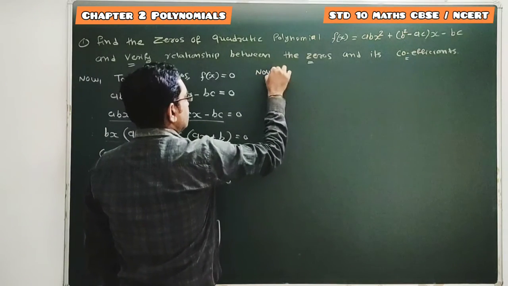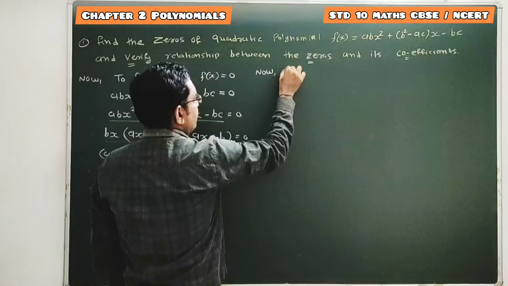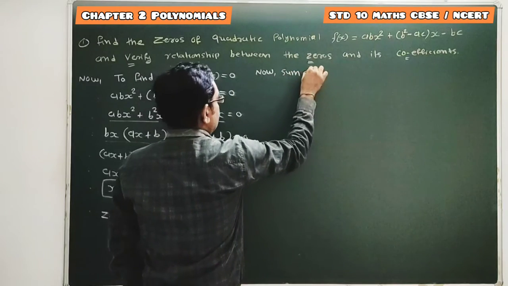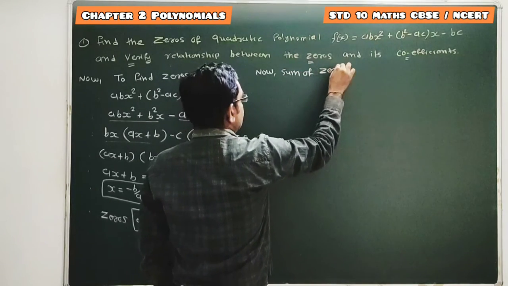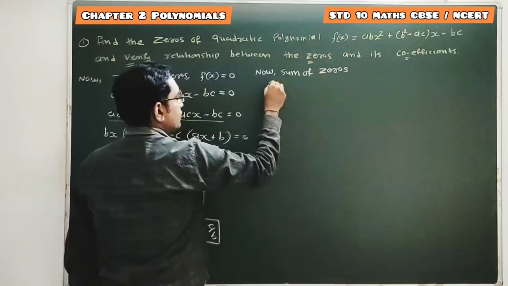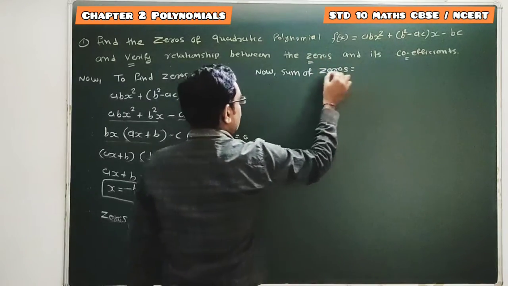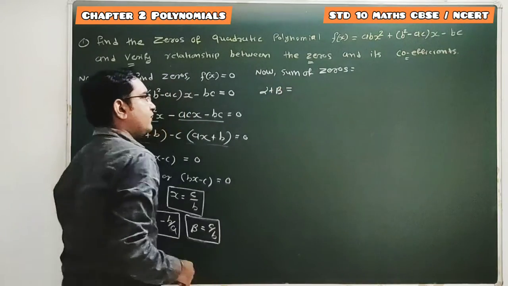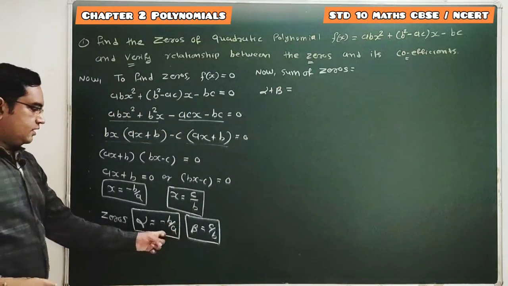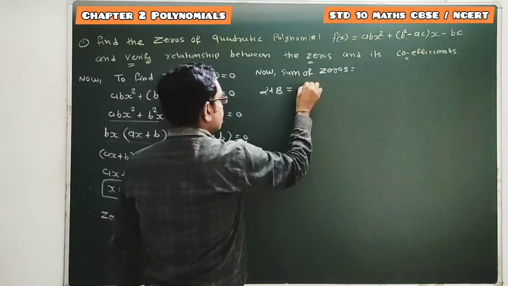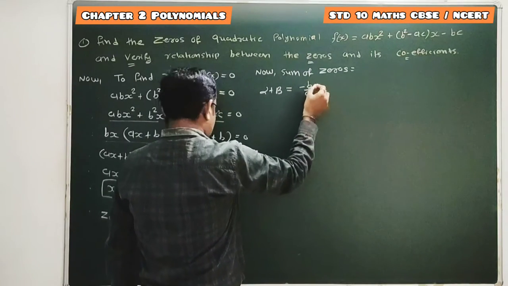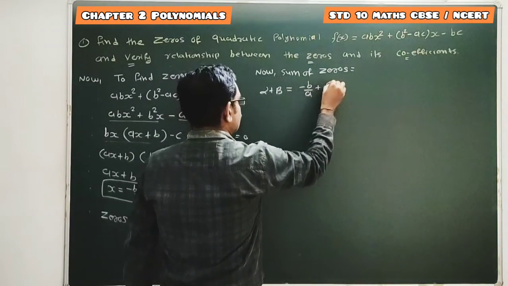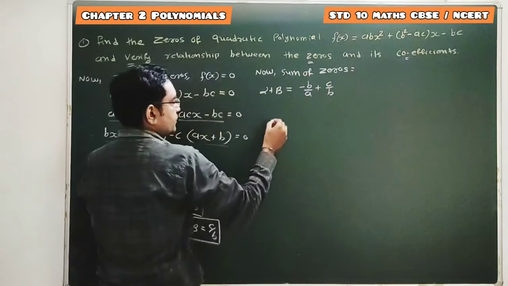So let's try to find the sum of zeros to verify the relationship. Sum of zeros is nothing but alpha plus beta. Two zeros are there, alpha and beta, and their sum is minus b by a plus c by b.